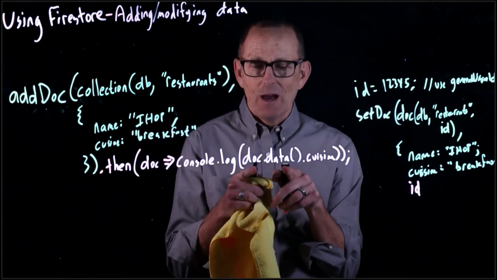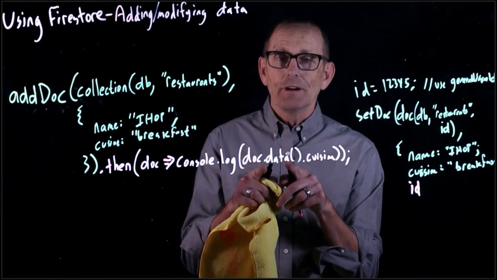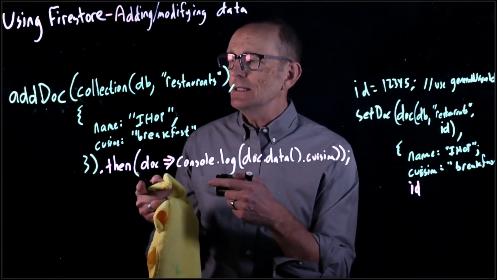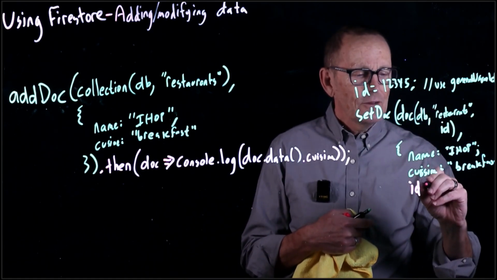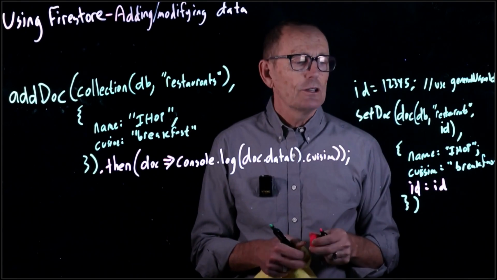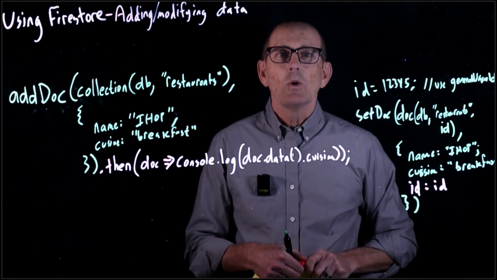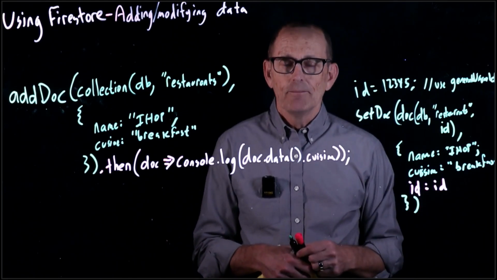I guess we could have somehow updated the document once the document has been added, go find out what its ID is and then add an ID field. But in this case, since we already know the ID, we can just add it right here. Again, this is an asynchronous function. And so if we want to know when the document has actually completely been added, we would need to put a then here.